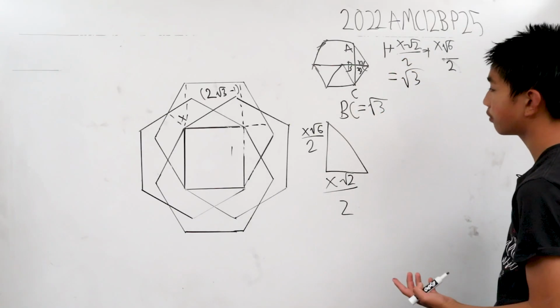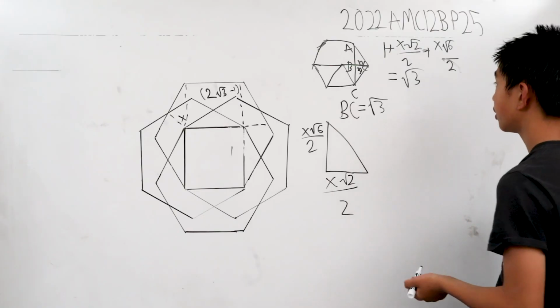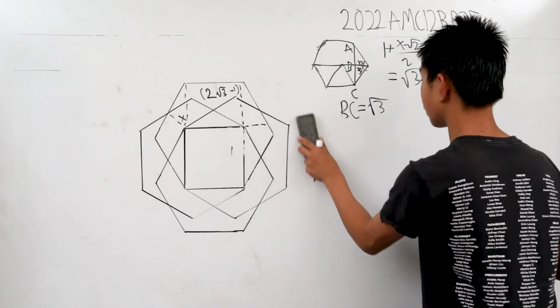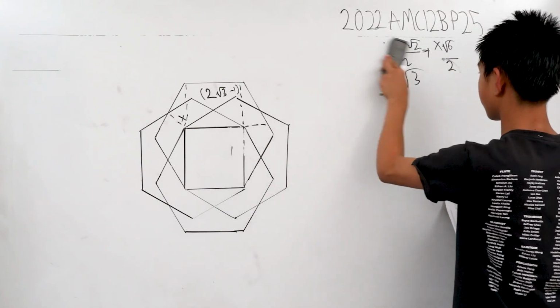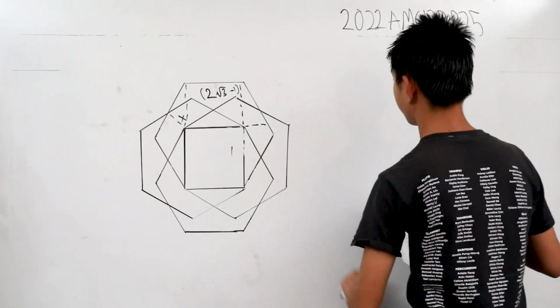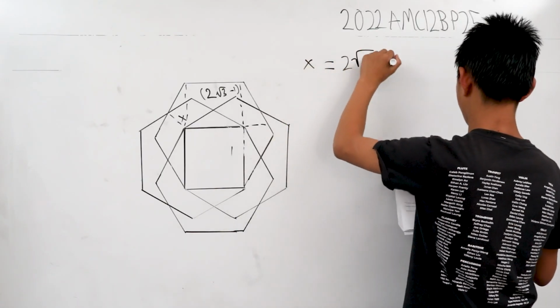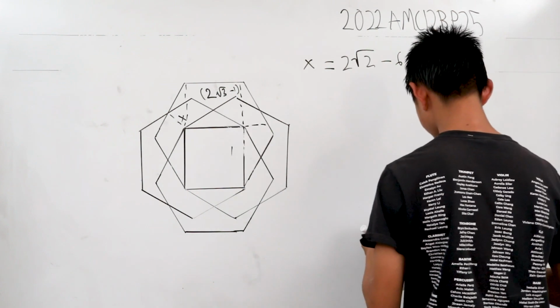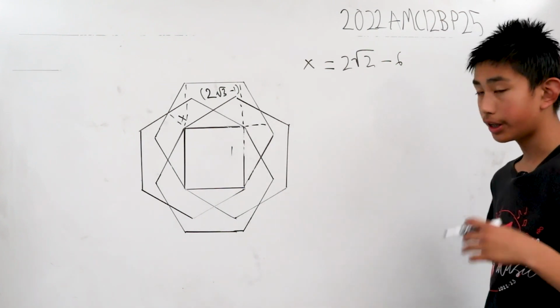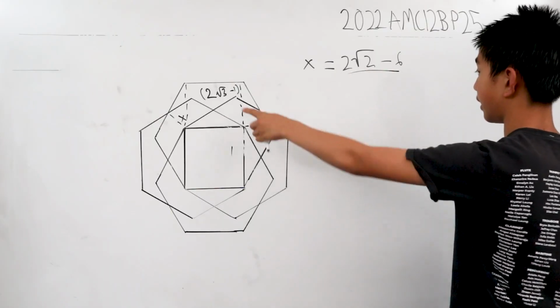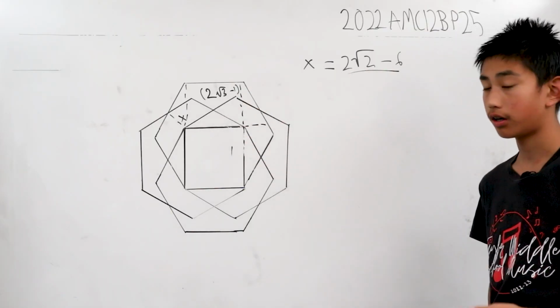So when you solve for this equation, it is pretty messy here, but we don't need this. You get that x is equal to 2 root 2 minus 6. Now we know the whole area since we have a value for x and this whole length there.